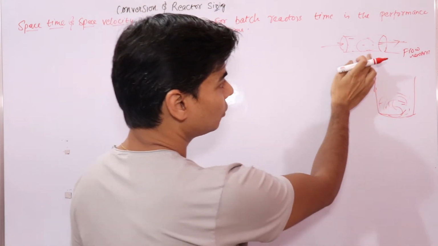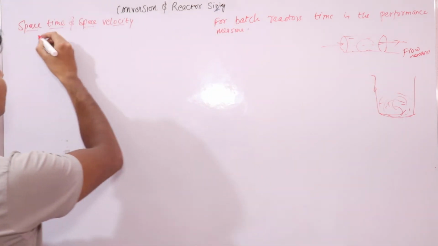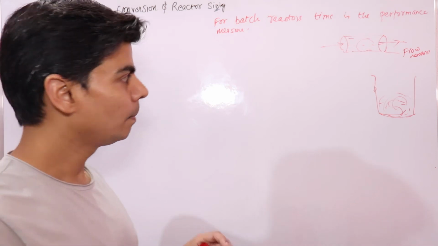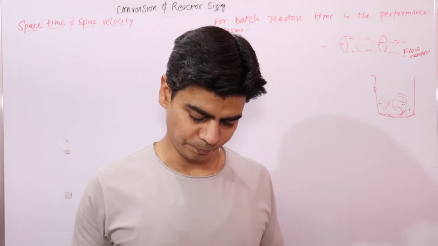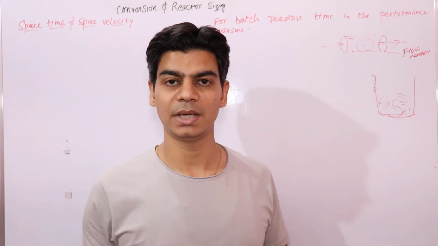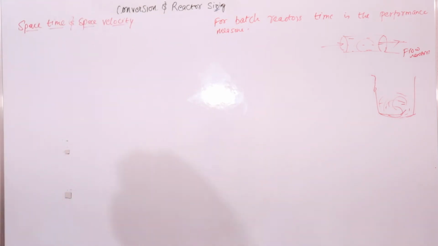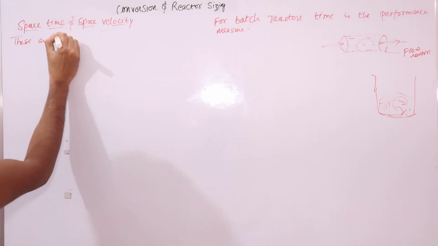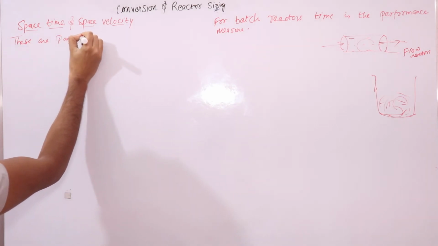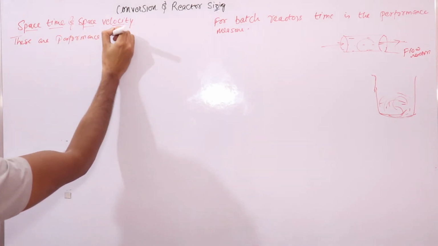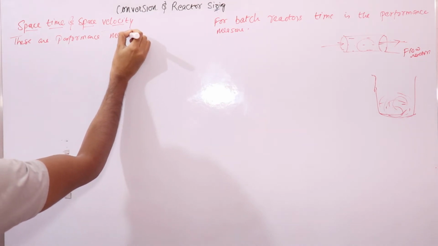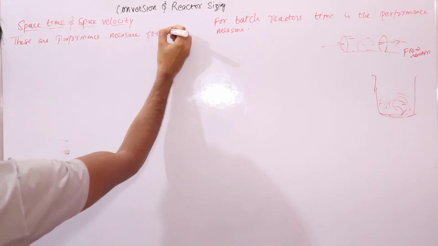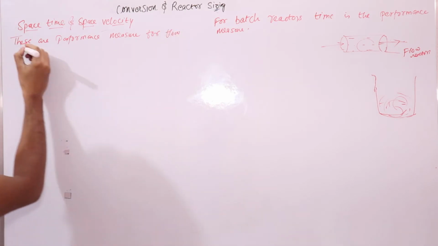Now for flow reactors, space time and space velocity are performance measures, right? Space time and space velocity. So these are performance measures for flow reactors.